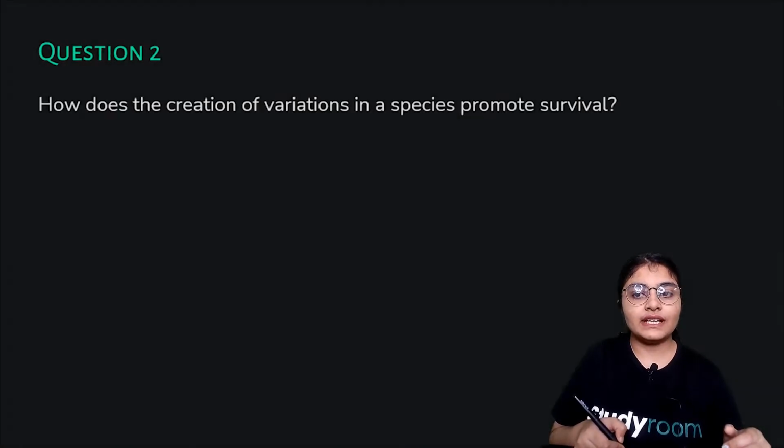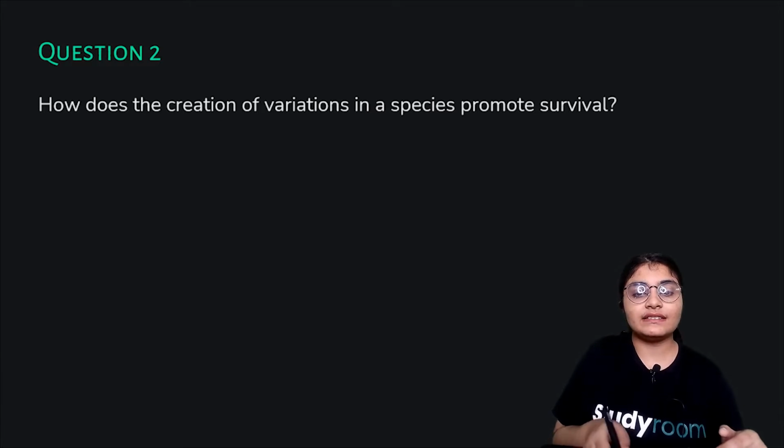The next question that we have is, how does the creation of variations in a species promote survival? The variation provides stability to the population of various species by preventing them from getting wiped out during adverse conditions. The natural environment also changes, and variations in species which become suited to the environment help it to survive.